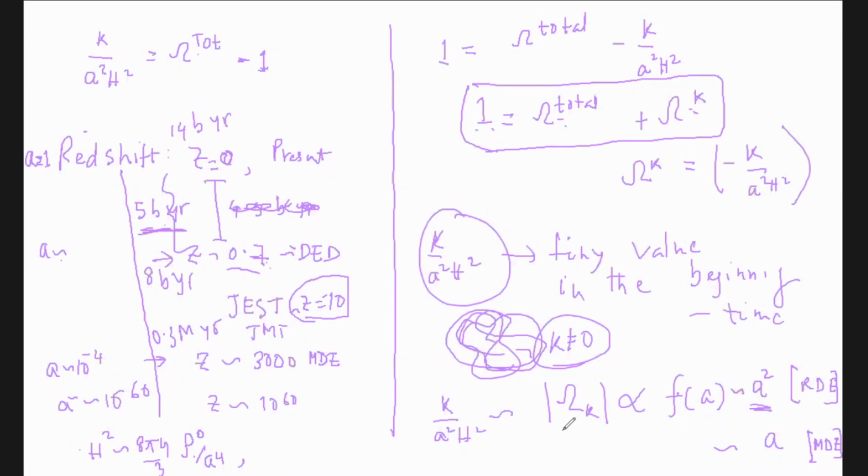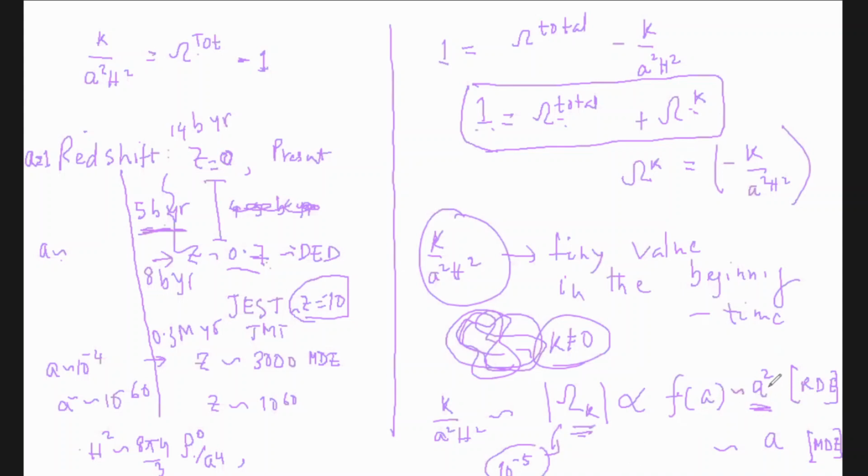Omega k, suppose you start with a very tiny value, say in the beginning of universe, because today we know that omega k is less than 10 to the power minus 3 from CMB. So for example, let's take a value 10 to the power minus 5 for omega k in the beginning of the universe.